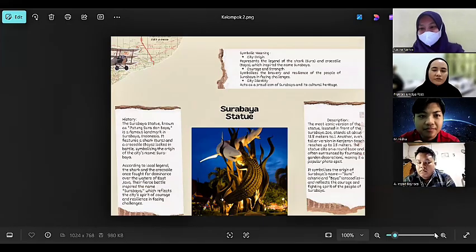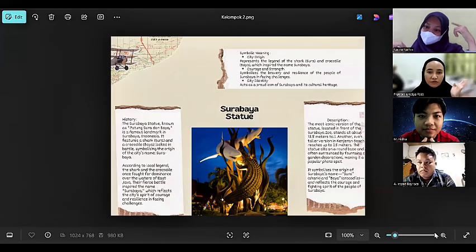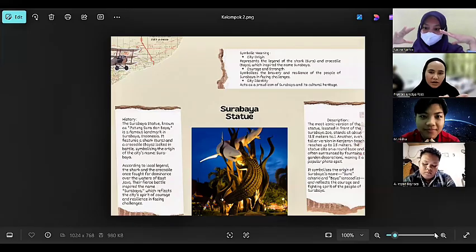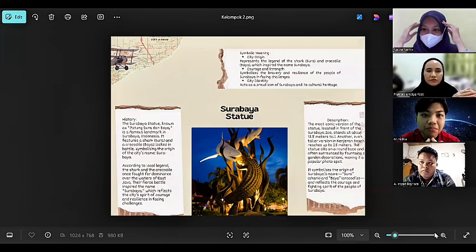Okay, so the name Surabaya comes from two words in the Japanese language. Sura refers to a shark and Baya, or boyo, refers to a crocodile. Like in Palembang maybe we call it buaya.